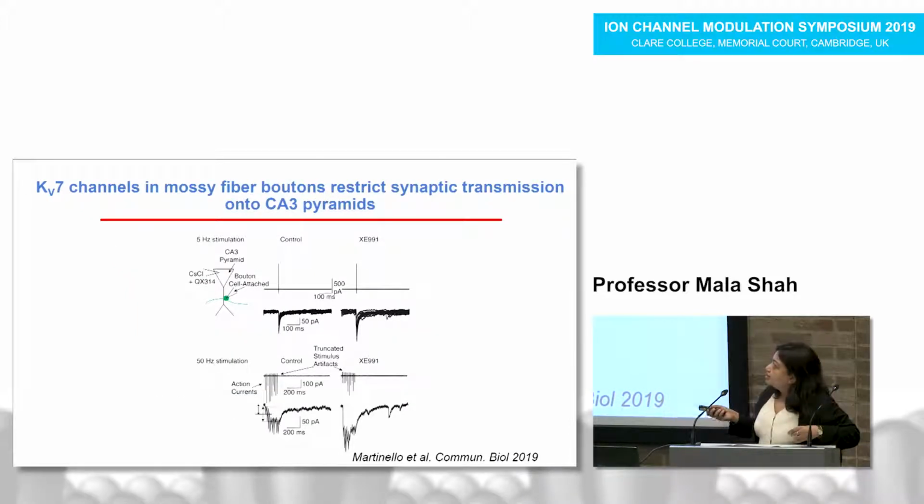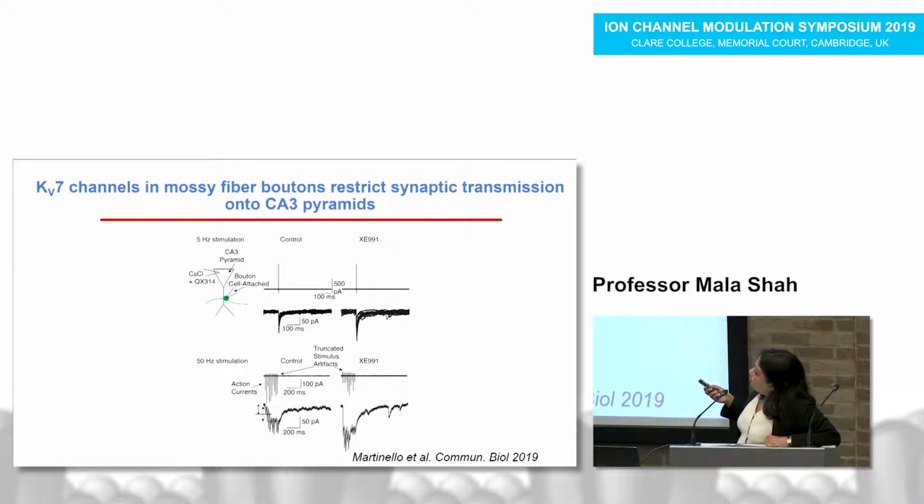To test this, we did dual recordings. From the bouton, we made cell-attached recordings to elicit an action potential, an action current rather, and we also simultaneously patched onto a CA3 pyramidal neuron under whole-cell voltage clamp. We had cesium in the patch pipette and QX314 as well. So these are paired recordings: you get an action current and you get an EPSC in the CA3 pyramidal neuron simultaneously.